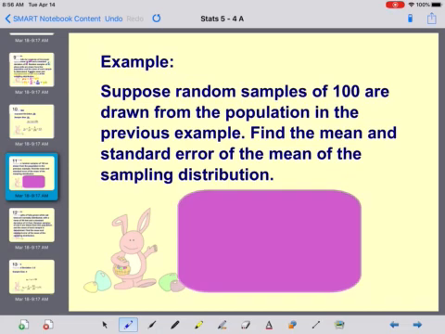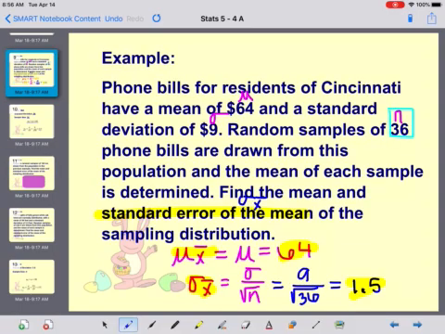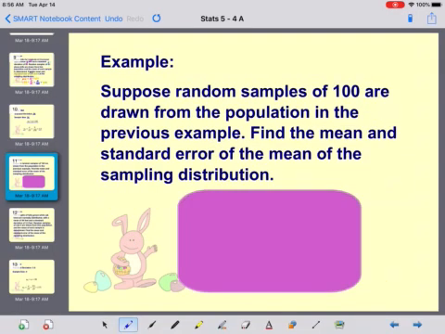Now, suppose random sample sizes of 100 are drawn from the population. So the mean didn't change. The baby sigma didn't change from this previous one. So my mu was 64, my baby sigma was 9. That's still the same. The only thing that changed was my n.